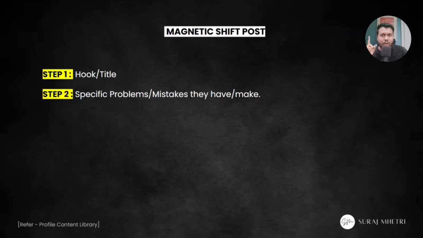Okay, so once you identify the problem or a mistake, write down the problem that your ideal clients are having. I assume that you have already made a list that I talked about in the last lesson on messaging. Okay, you have to make a list of problems, mistakes, benefits, and what they need to do, the solutions, right? So what are the problems your ideal clients are having, what mistakes are they making?